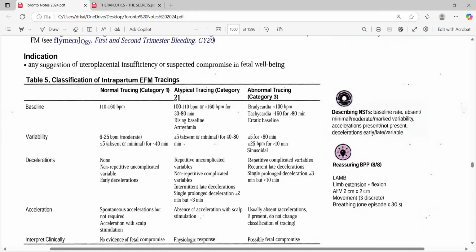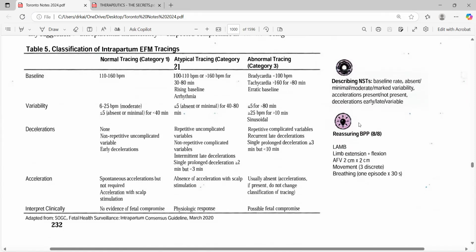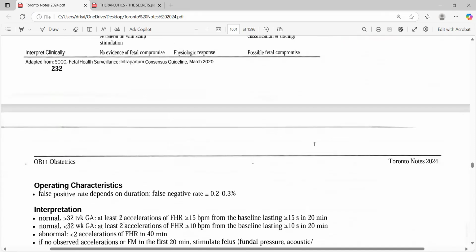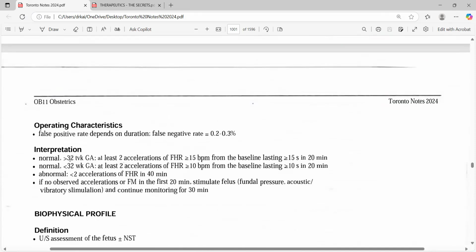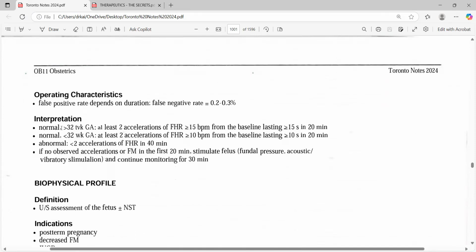They'll put all of them together, and there is a question where they can ask you to calculate the BPP. Then the operating characteristics we already discussed. Normal should be more than 32-week gestation, and less than 32-week is basically having two accelerations. I discussed there should be acceleration. How much?